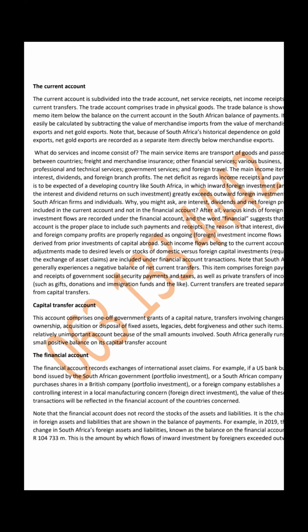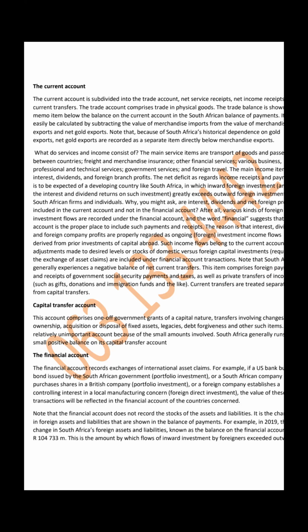If a portion of that foreign debt is forgiven, if a portion of that debt is waived, it's going to go under the capital transfer account. And then if a portion of, say, the interest is waived, then that's going to go under the current transfer account. That's the difference there.